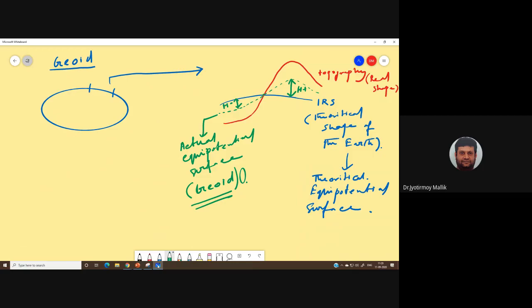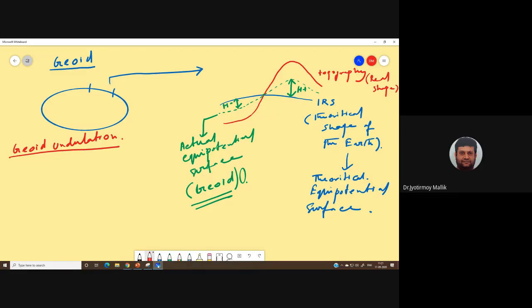Now there is another important concept that I want to bring, which we call geoid undulation. And what do I mean by geoid undulation?